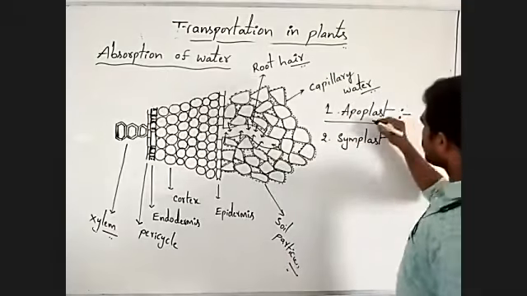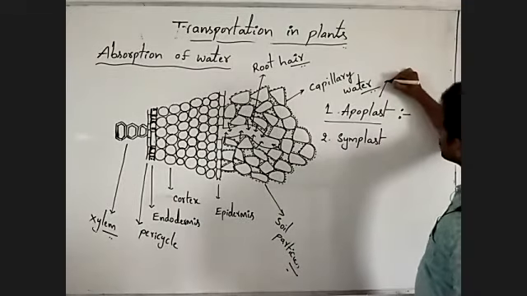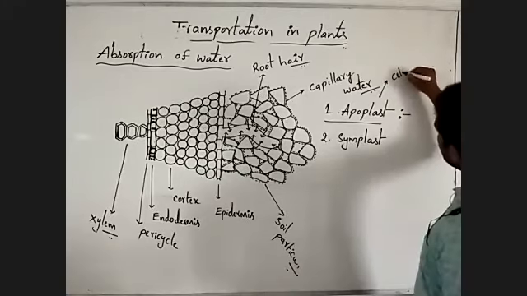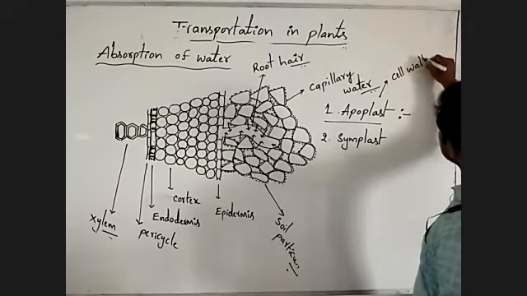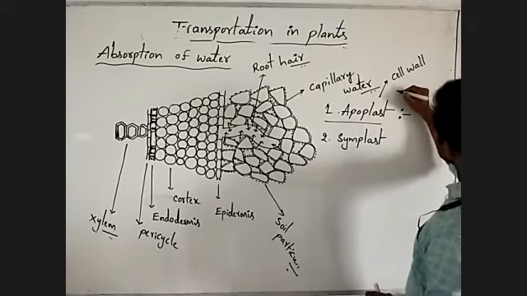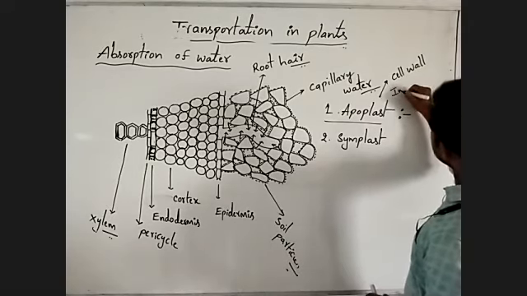Observe, apoplastic way is made up of cell wall and another one, intercellular spaces.